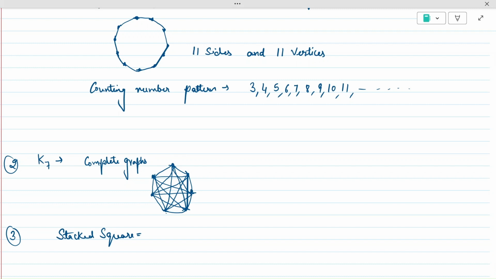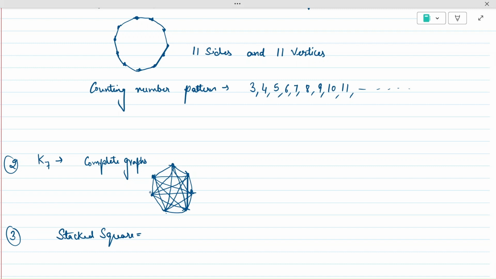Now these are also connected. Now this point, it is connected here, here, here, here, here, here. So we are not making any new lines here. Now this point here, it is connected to this point, this point, this point, this point, this point, and this point. So it is connected overall. So this is our complete graph.